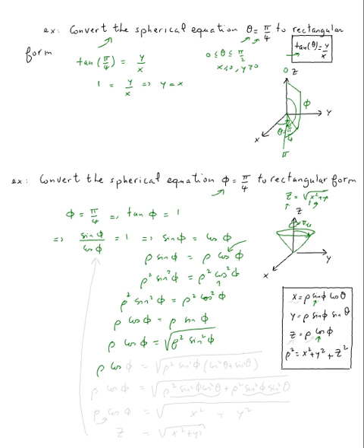But now what I can do is multiply it by cosine squared plus sine squared of theta. So rho squared sine squared phi times cosine squared theta plus sine squared theta. Rho cosine phi equals, now I'm going to distribute inside, so that would be rho squared sine squared phi cosine squared theta plus rho squared sine squared phi sine squared theta.